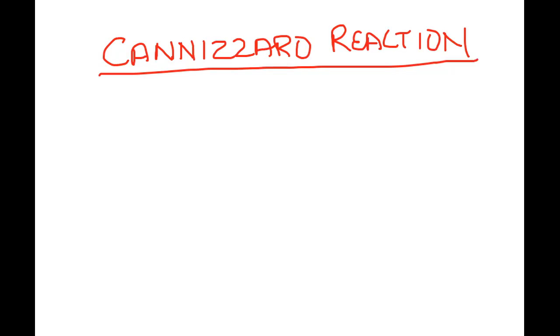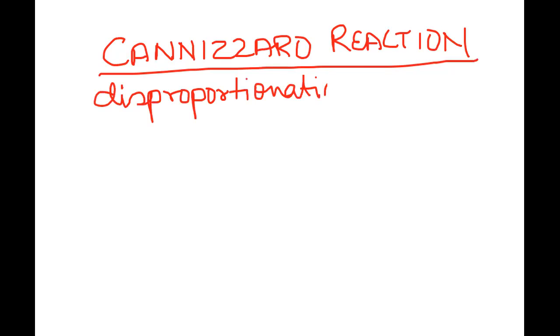In the presence of a strong base, aldehydes without alpha hydrogens, that is, they don't have an ionizable hydrogen at the alpha position, undergo a reaction which is called self-oxidation reduction, or you also call it a disproportionation reaction. All right, this is a self-reduction and oxidation process. Now let us see what happens.